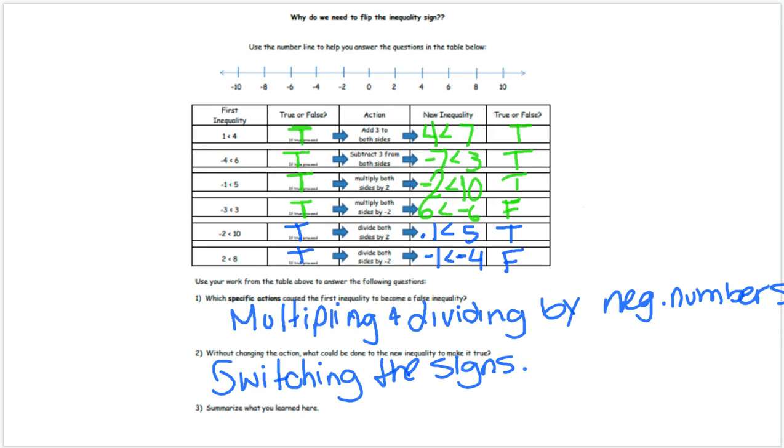But if I multiply or divide both sides by a negative number, then my inequality will be false. The only way to make sure that I can keep my inequality true is if I flip my sign.